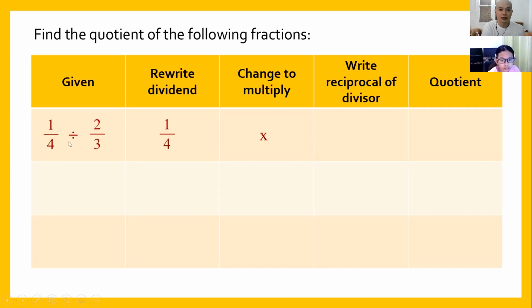Then get the reciprocal of 2/3, that is 3/2. Then you get the quotient by multiplying numerator to numerator, denominator to denominator. So 1 times 3 will be 3, 4 times 2 will be 8. This is your answer, 3/8.